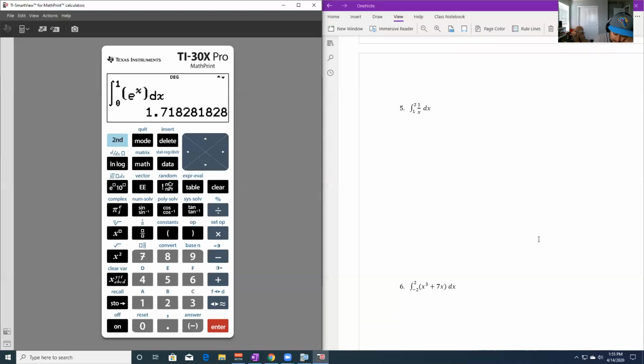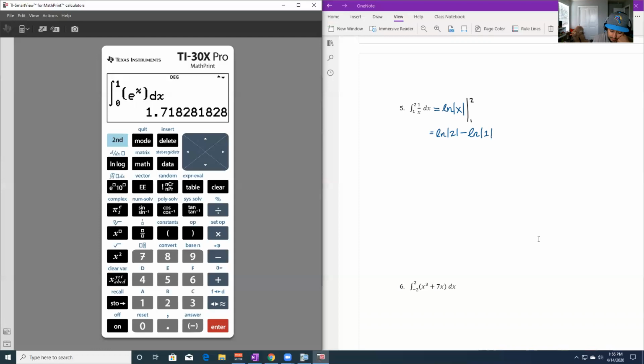This becomes the natural log of the absolute value of x evaluated from 1 to 2. That's it. And now plug in those numbers. You get natural log absolute value of 2 minus natural log absolute value of 1.